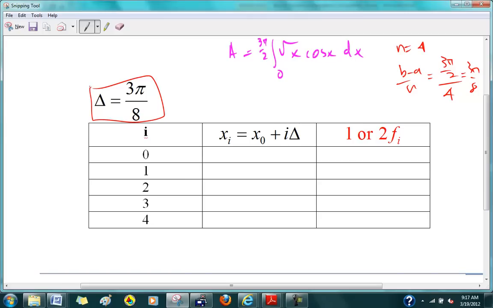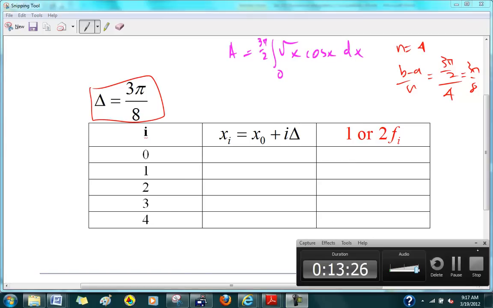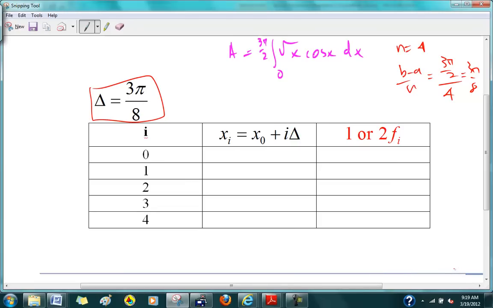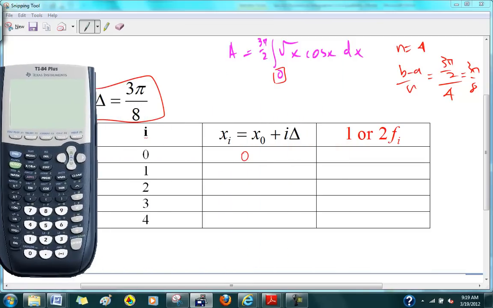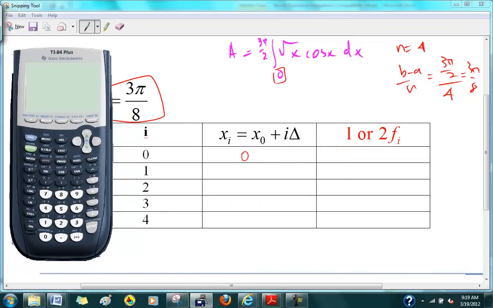Okay, you guys got this down? I'll give you a couple of minutes to get the table down. So, Janice, here's your answer to what 0 means. x0 is your first x value. Your first x value is going to be this guy here, so you're going to get a 0 in here. Then you've got to get your calculators out, and you guys need to be working with me on this.